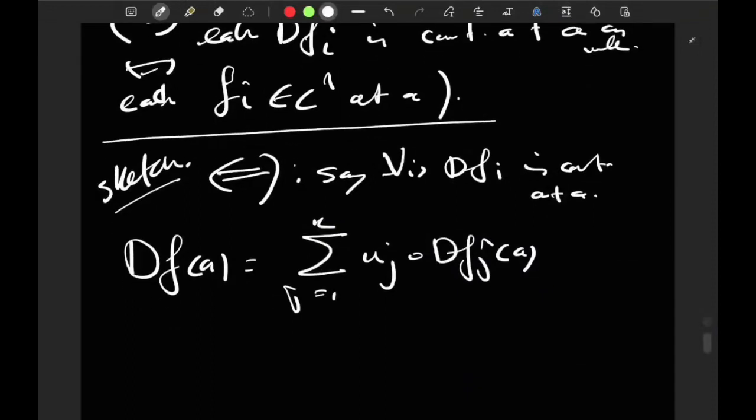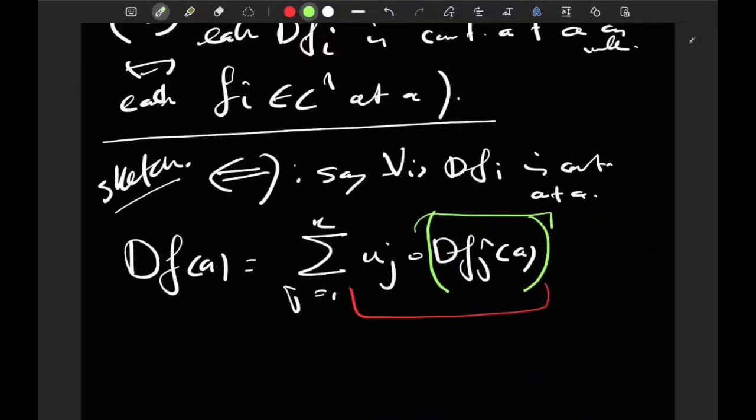Now note that what I'm writing here is not expressing the map uj composed with the map dfj applied to the point A. Rather, it's expressing the map uj composed with this map dfj at a, which is itself a linear map.